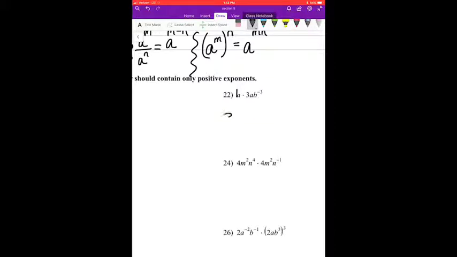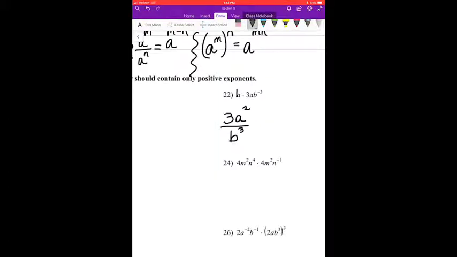So we know 1 times 3 is 3. What's a times a? A squared. And what do I do with that b? Put it in the denominator, change the negative exponent to positive. Now, do I have like bases there? No. Is there anything else I could do? No.